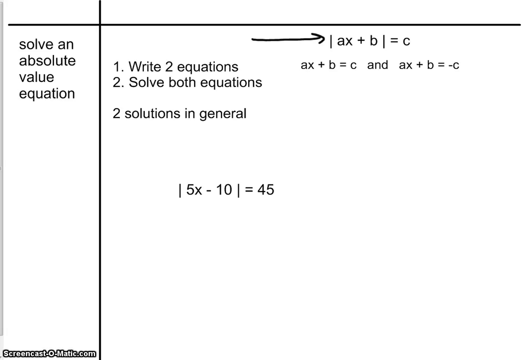Now, 2 ways we can go about solving it. What I can do, and this is what the book says, I can take what's inside, because think about our idea of the absolute value of x equals 6. In one case I got 6, in the other case I got -6. We're not going to go about it that way though.